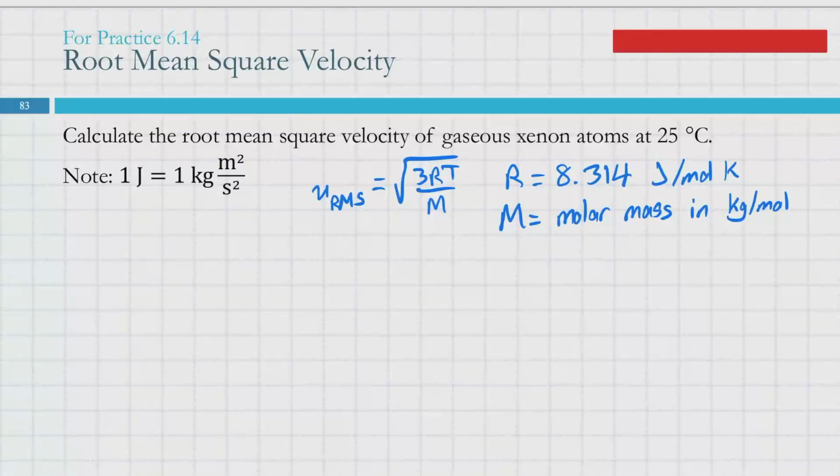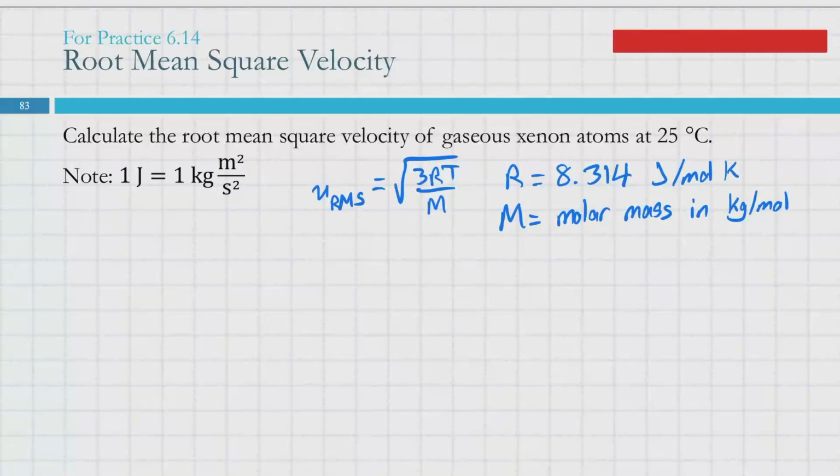We are maybe not expecting to use the R value of 8.314 joules per mole Kelvin. Without any context, you also wouldn't expect that the molar mass is going to be in kilograms per mole. It's important that they are in these units so that our units work out correctly.